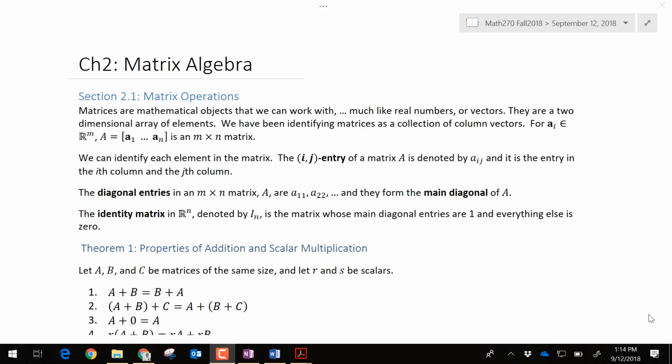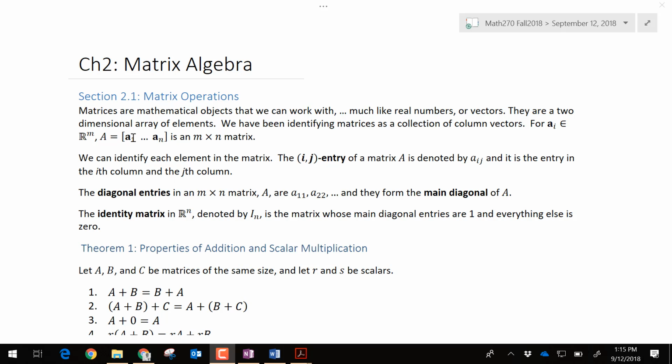And what we've been doing before is identifying the matrix as a set of columns that we're putting together. And those columns are really just a set of vectors. So that's what it says here in the first paragraph. We've been identifying matrices as a collection of column vectors.